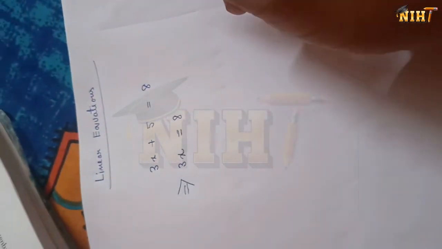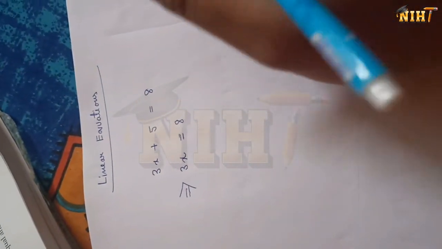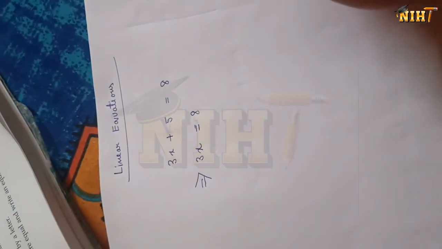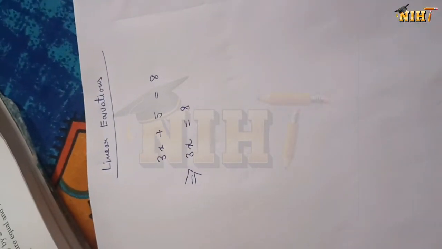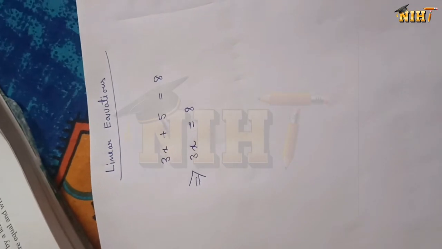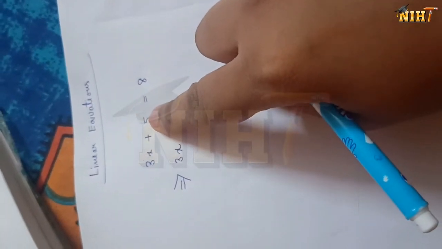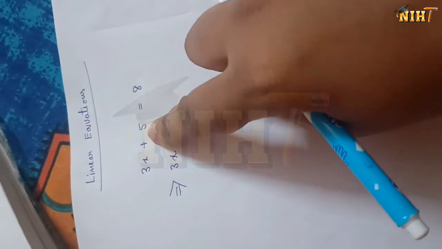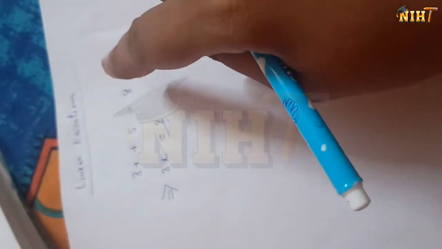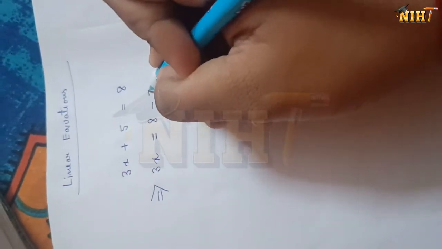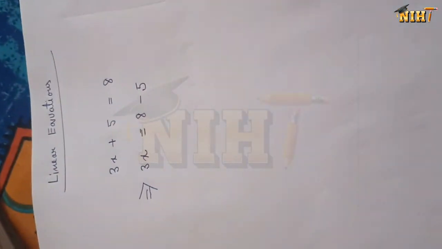Now always remember, when you are taking one value from one side of the equal to the other side, its sign always gets changed. It was plus 5, so when it goes from this side to this side, it changes from plus 5 to minus 5. Is it clear?